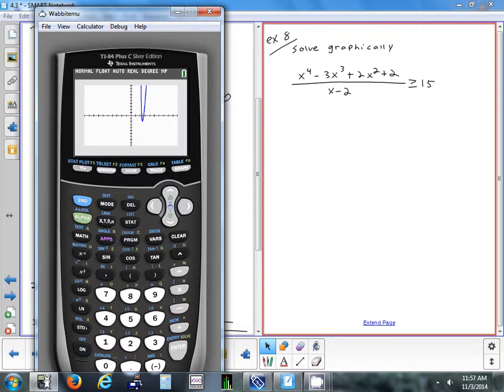Let's see. Just double check that we have everything typed in right. So x to the fourth minus 3x cubed plus 2x squared plus 2. And then on the end you should have a minus 15.